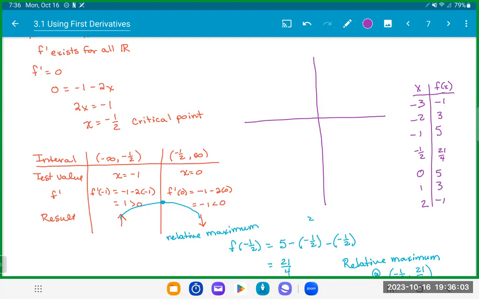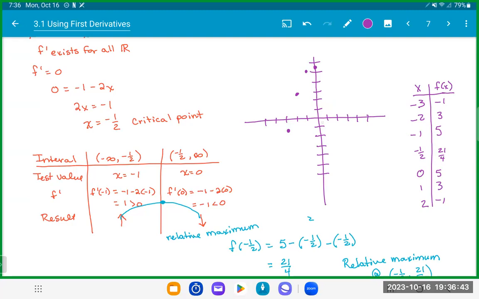Okay, so we'll plot those points. We have -3, -1. We have -2, 3. We have -1, 5. We have 0, and this is a little over 5, so we'll put that about right here.